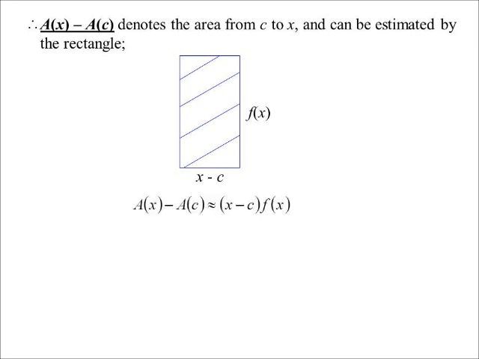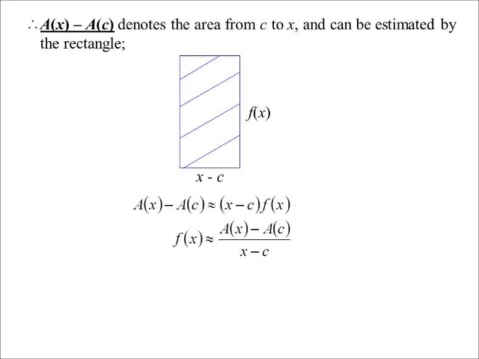So the approximation for that area, A(x) minus A(c), would be base times height: (x minus c) times f(x). So f(x), if I just rearrange it, remember I know what f(x) is. It's the equation of a curve. f(x) then would be A(x) minus A(c) over x minus c.